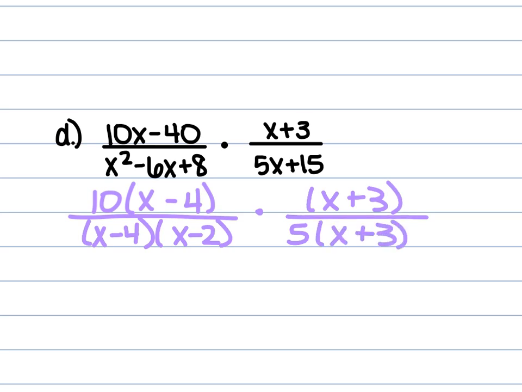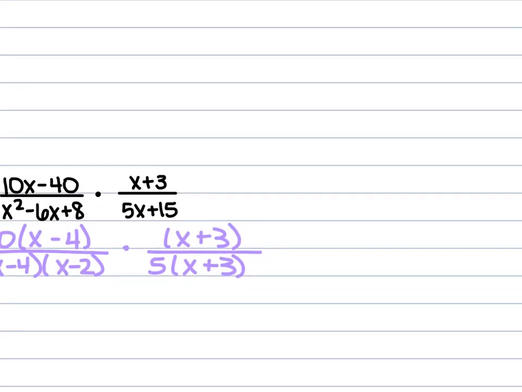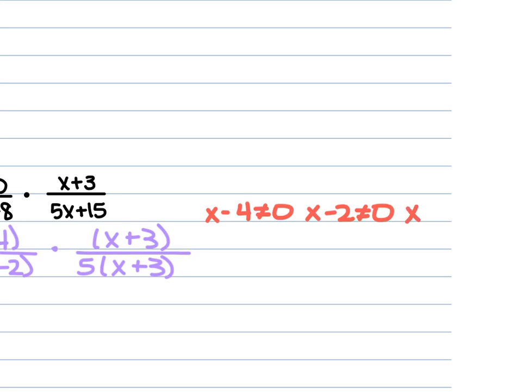So if you wanted to, from here, you can set all of your denominators not equal to 0 and solve for them. We would have x minus 4 cannot equal 0, x minus 2 cannot equal 0, 5 cannot equal 0, we're not even going to bother with that, and x plus 3 cannot equal 0. So x cannot equal 4, x cannot equal 2, and x cannot equal negative 3.